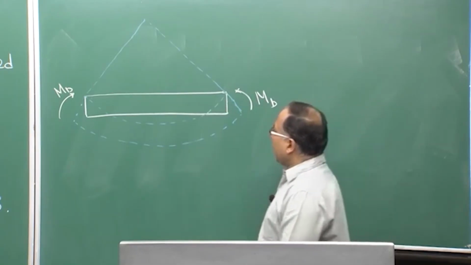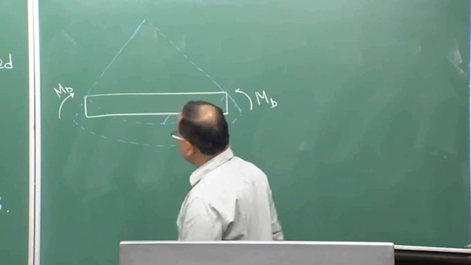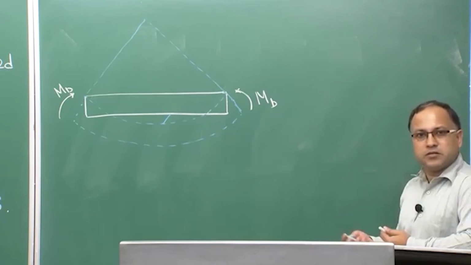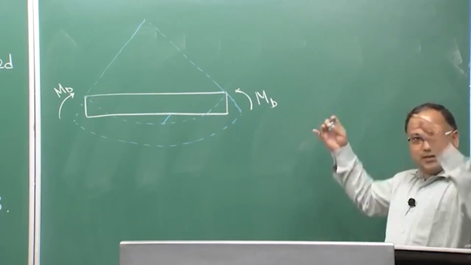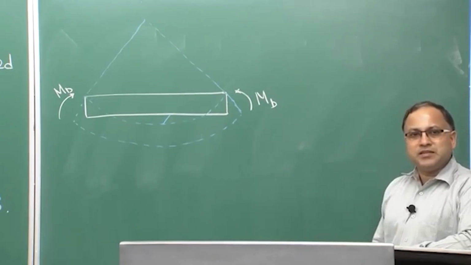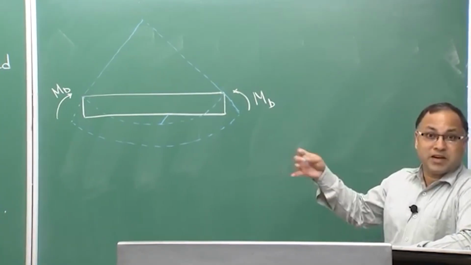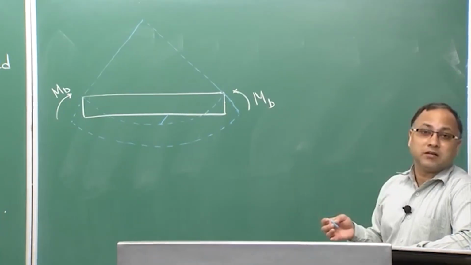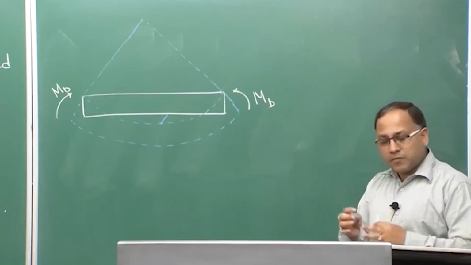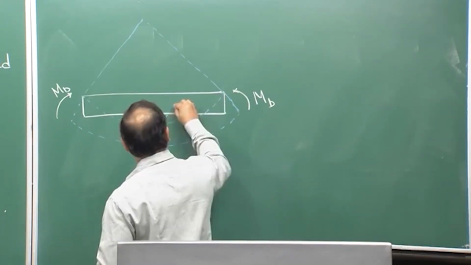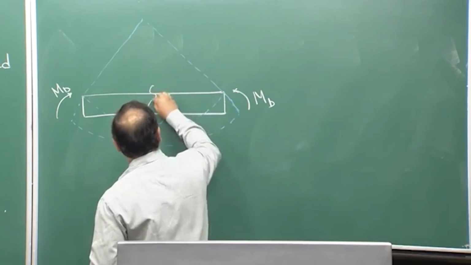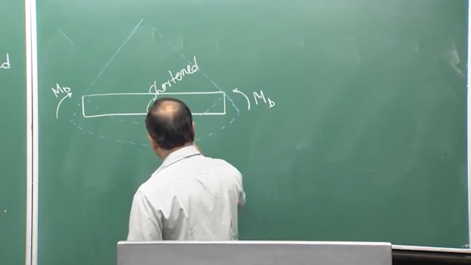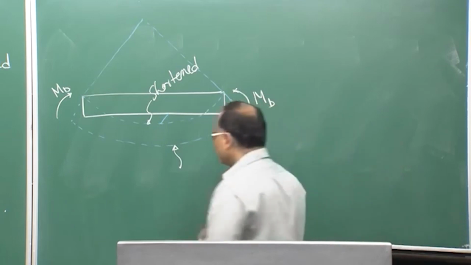Now, if you look at this top fiber of the beam, it is getting shortened, is it not, this concave side, because as you know I am showing the positive bending moment. So, the top fiber will be experiencing compression, that will be coming later on, because it is getting shortened, whereas the bottom fiber of the beam is getting elongated.